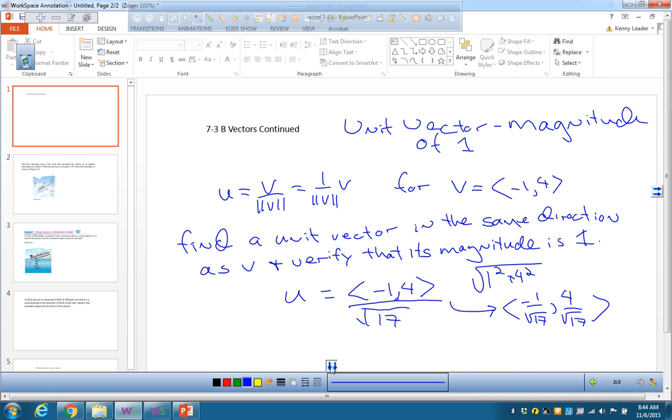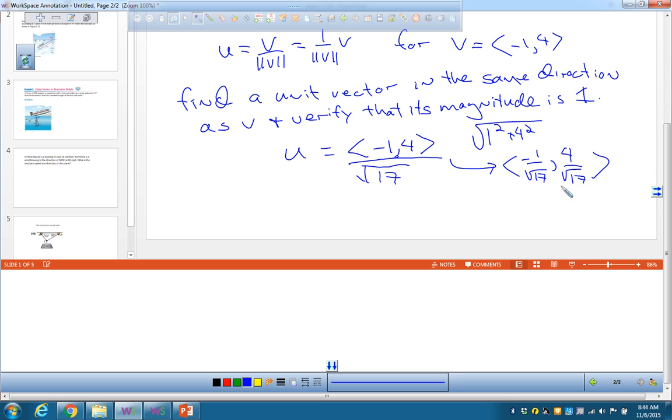In order to verify that its magnitude is 1, I take the square root of v1 squared plus v2 squared. So v1 is -1 over the square root of 17, and v2 is 4 over the square root of 17. I square those, add them together, and take the square root.